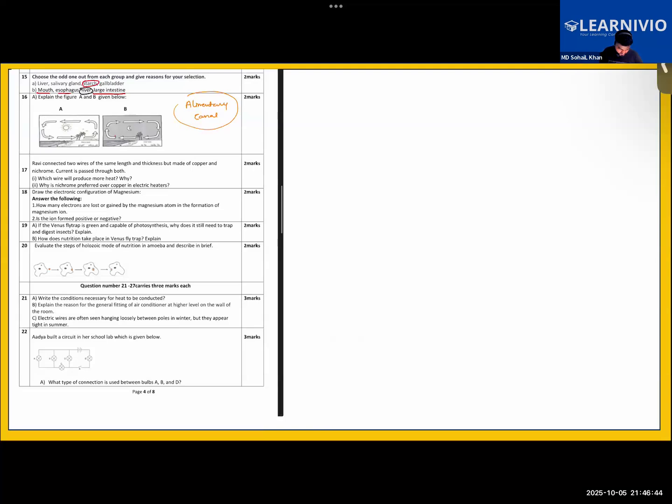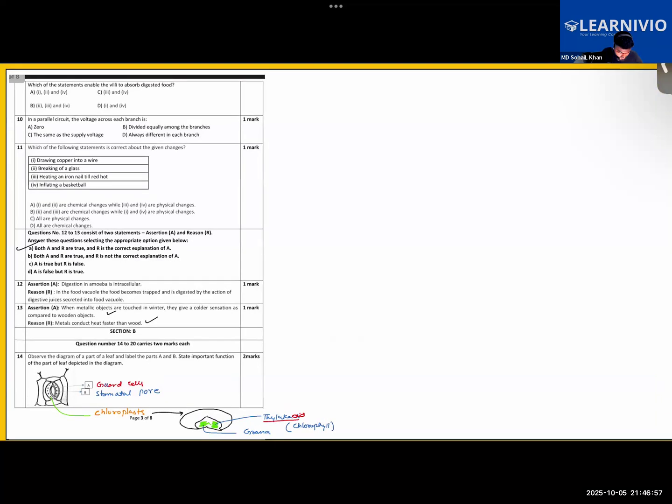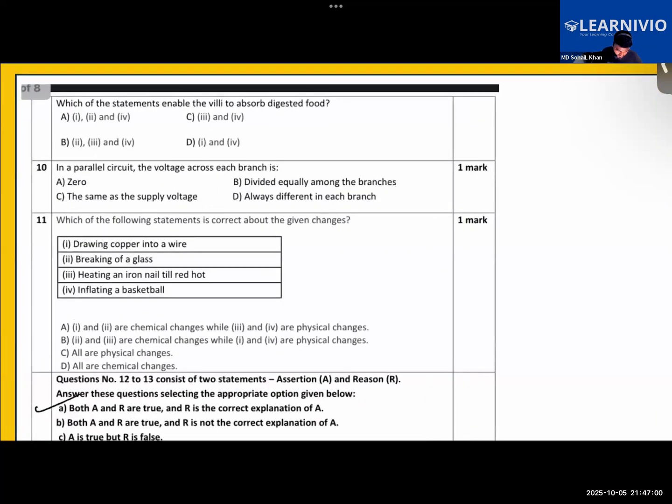In the 10th question, my teacher said it's divided equally among the branches, right? The question here is, in a parallel circuit, what happens to the voltage across different branches? So it is divided equally.